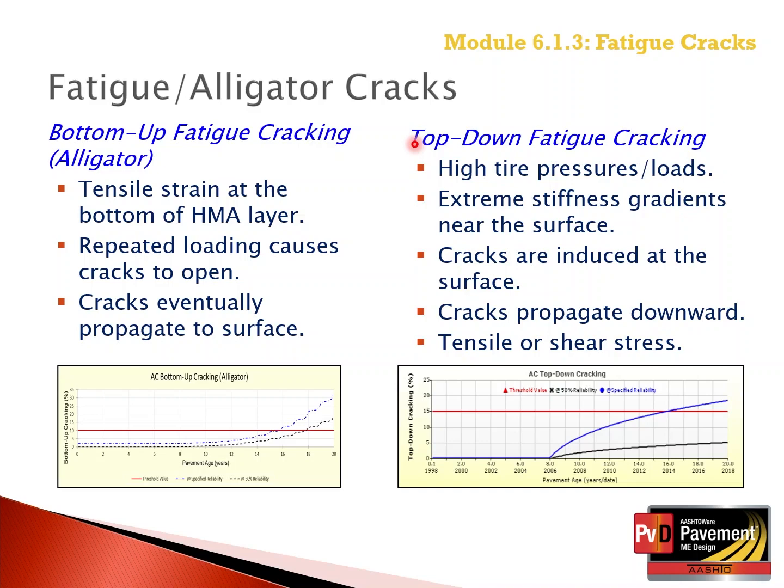So remember, top-down cracks are typically longitudinal cracks converted to an area basis to alligator cracks with the number of wheel loads or over time. So top-down cracks exhibit an increase in the amount of cracking but at a decreasing rate.